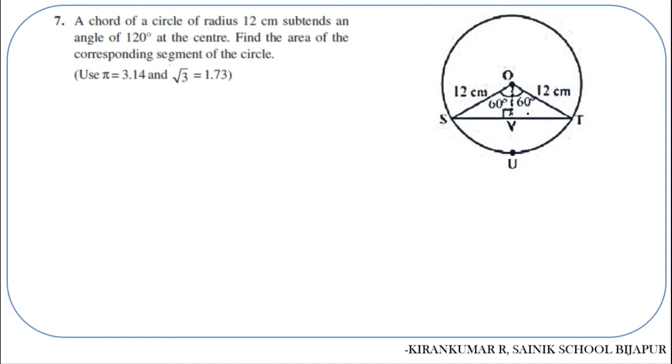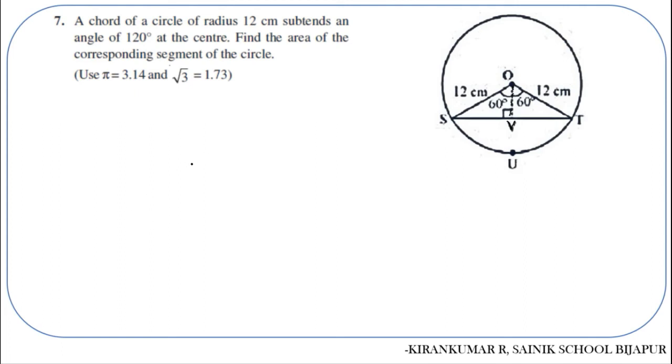The problem here is we can't directly find the area of the triangle. The reason is in the previous questions the angle subtended was 120 degree, but in this question the angle which is subtended by the arc SUT is 120 degree, so it becomes a little difficult to find area of the triangle.